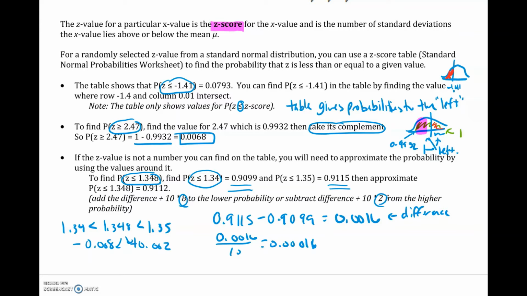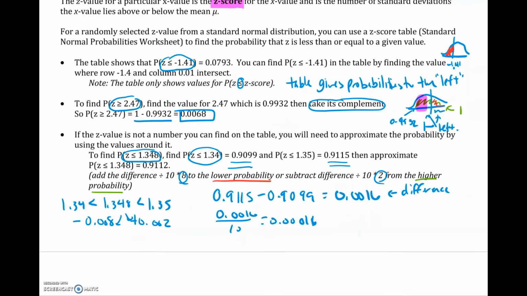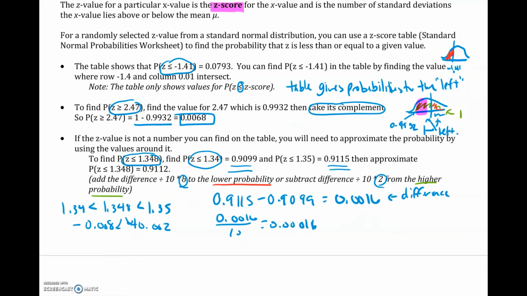And then you have two options. So option 1, we're going to deal with the lower probability, or option 2, we can deal with the higher probability. So once we have this number, if I want to go with the lower probability, what I'm going to do is take that 0.00016, that's the difference divided by 10, multiply it by 8, and add it to the lower probability. That's 0.9099.